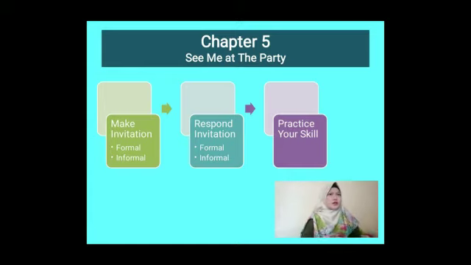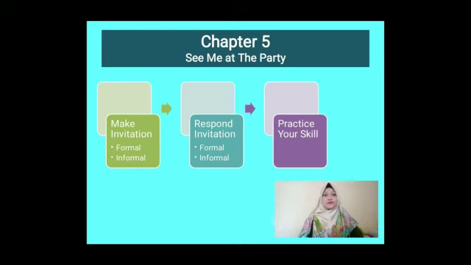In this chapter 5, the author wants readers to know how to make invitations, informal and formal, and respond to invitations, informal and formal. And after they can do the invitation, they can practice their skill with invitations, inviting their friends to join a party, maybe, or something like that.